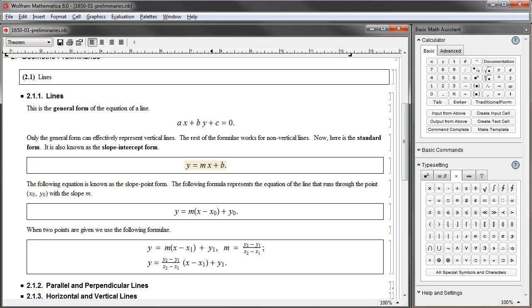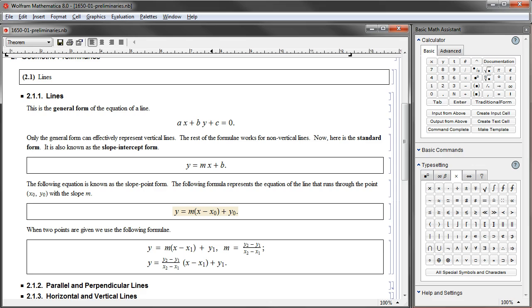Slope-intercept equation, where m is the slope, and then 0 comma b is the y-intercept. And then the slope-point equation is here. Slope is m, and then the line is running through x naught comma y naught.